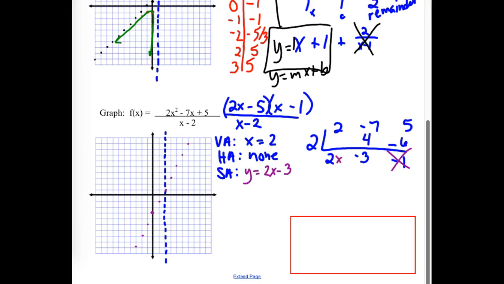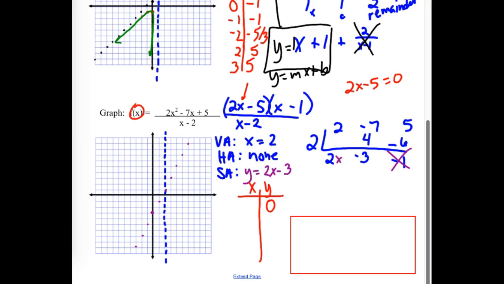All right, finding our intercepts. If I put 0 in for y, we're basically saying what makes the top 0. Well, I've got factored form. What makes this 0? My first factor is 0 if x is right here. What's x have to be? Work it out, guys.